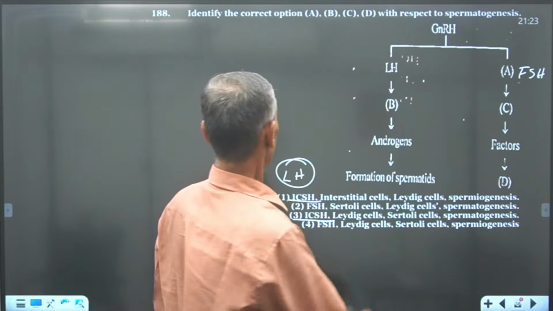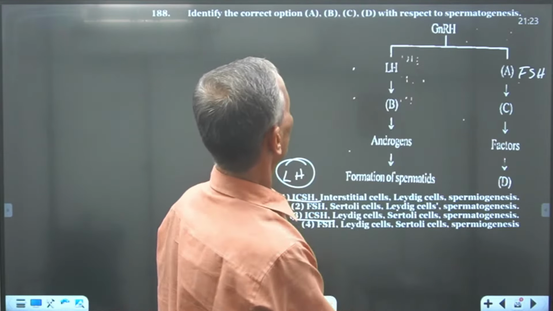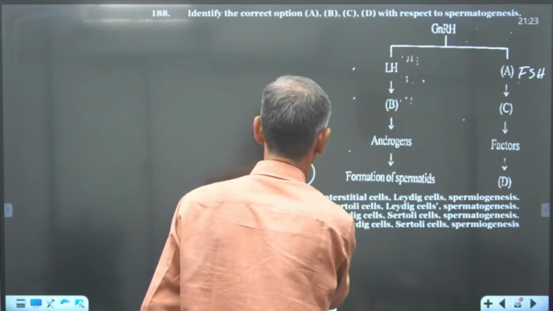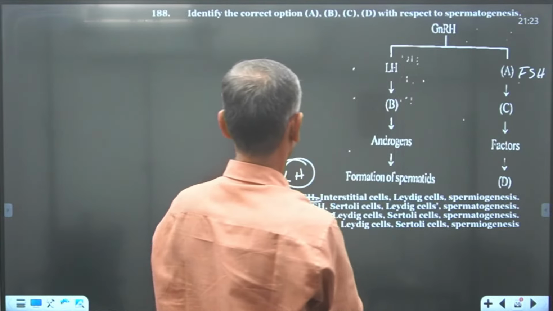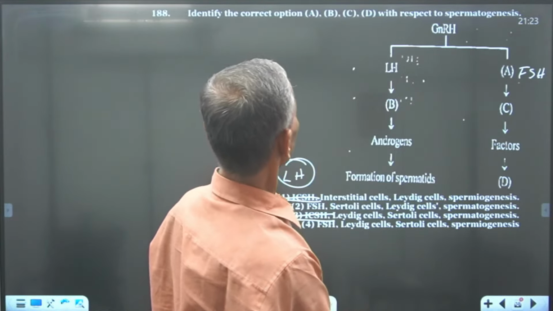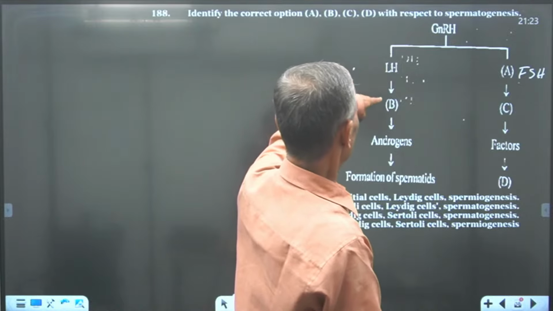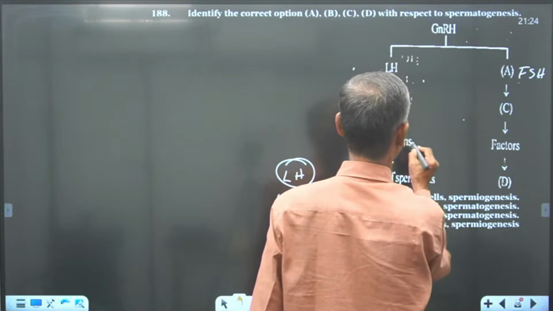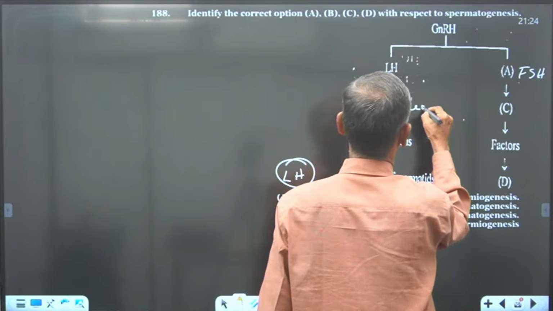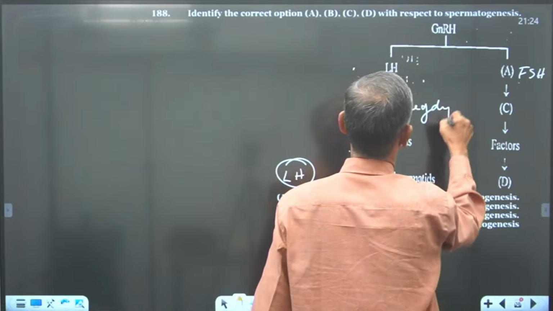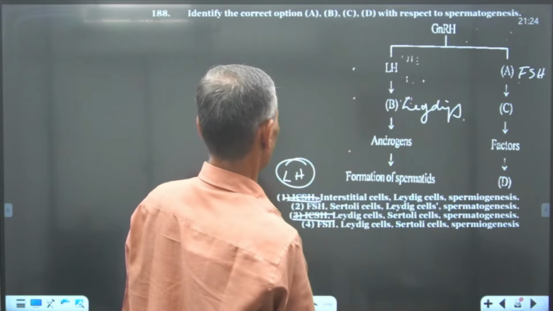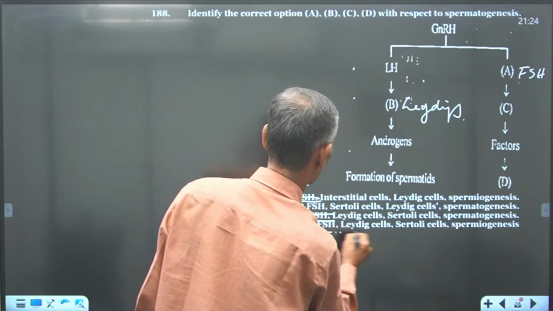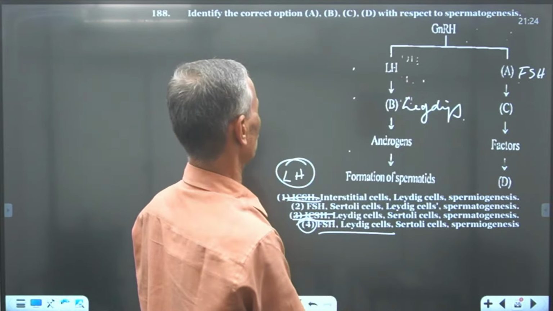So we have seen that A is FSH, so it may be 2 or 4. Then LH: where is it acting? It is androgen, so it is males. So LH is acting on Leydig cells. So we are having FSH, Leydig cells. Immediately we are coming to the answer.